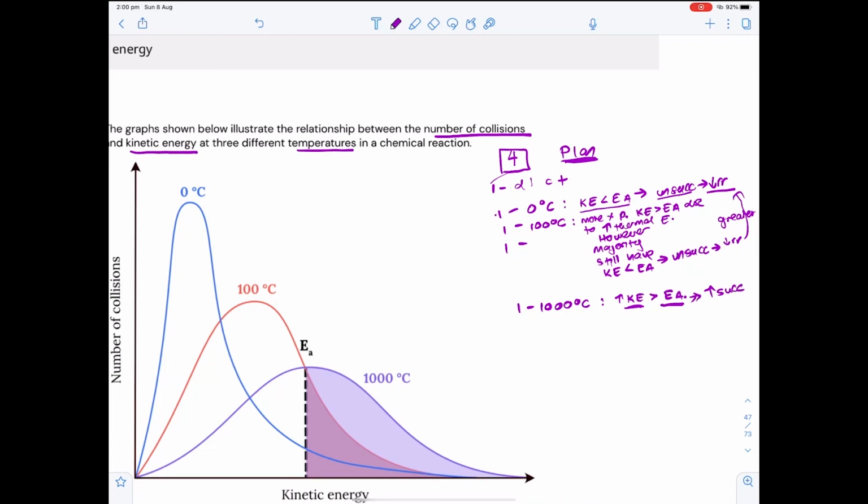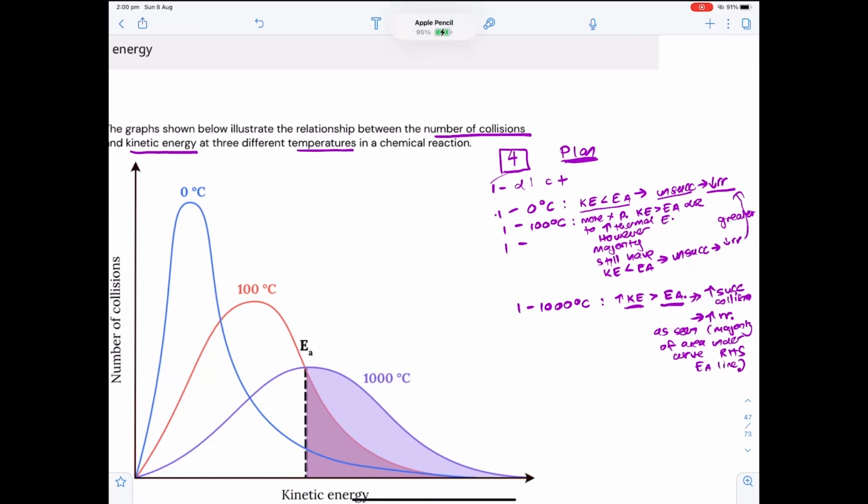Yeah, increased number of successful collisions. What does that do to reaction rate? It's a greater reaction rate. That's it. That's all you need to say. And then you can explain that by saying, as seen, with majority of area under curve lies to the right-hand side of the activation energy line. Good. And that's how you'd explain this question.